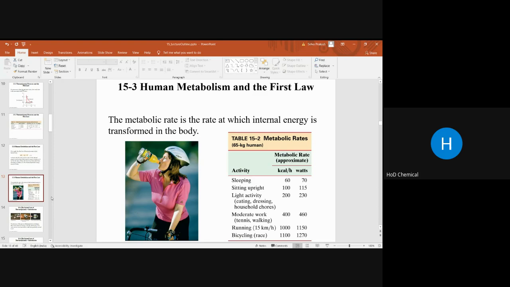Moderate work like tennis and walking is 400 and 460 watts. Running is 1000 and 1150, and bicycling is 100 and 127 watts. This is the metabolic rate of each activity, during which internal energy is transferred into the body.